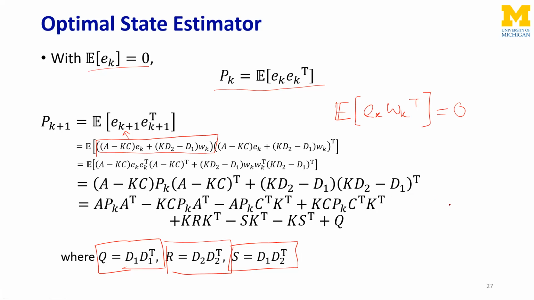So what are these terms exactly? Let me write it here. In our system, the noise was entering as D1 W_k.